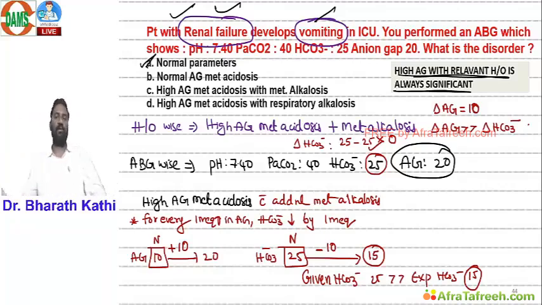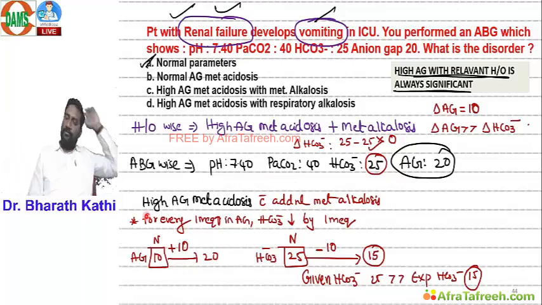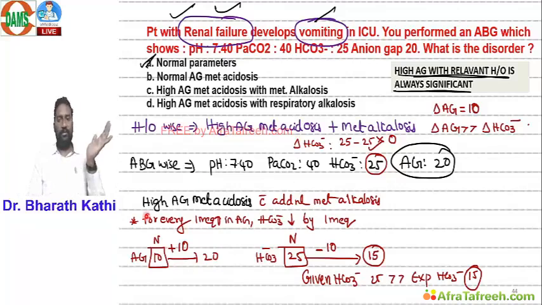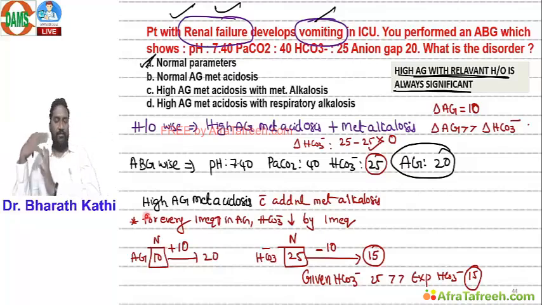Like that you can apply the concept, or you can just logically think like this also. Anyway, the concept is the same. If it is a pure high anion gap metabolic acidosis, the change in anion gap and change in bicarbonate should correlate. If it is not correlating, there is some additional metabolic disorder, because here anion gap has increased, bicarbonate has not decreased.